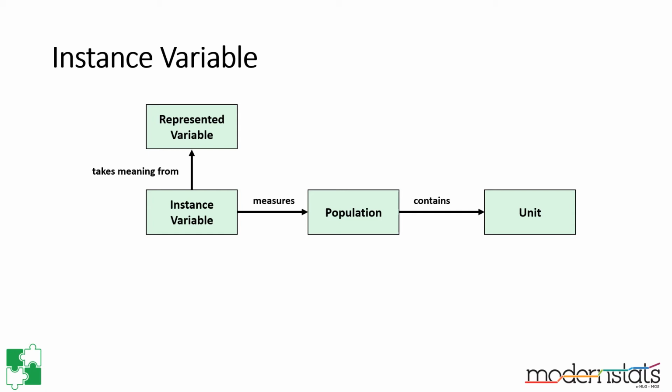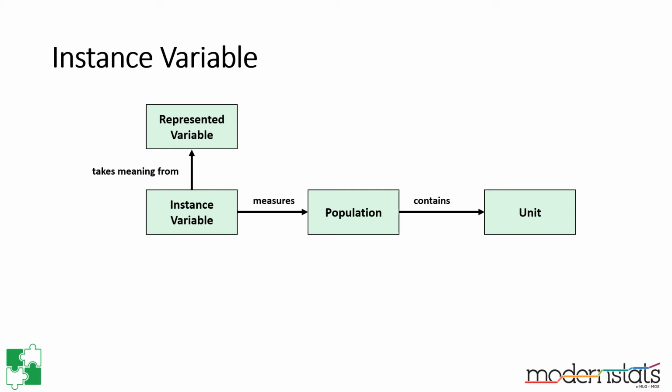And the instance variable measures a population. And the population contains units. A population is more specific than a unit type. It describes more exactly what you are measuring. If the unit type is person, the population could be persons in Finland 1st of January 1970.